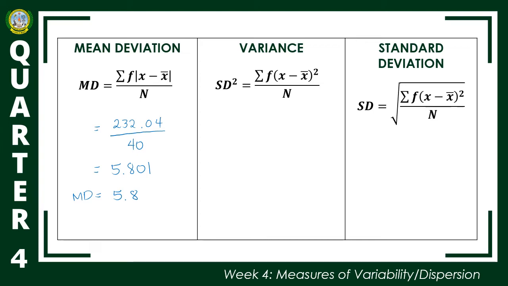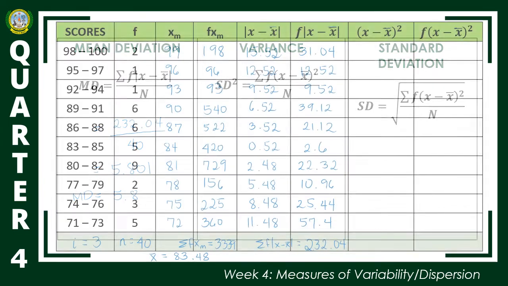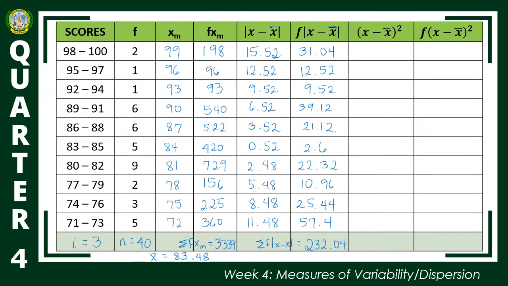Next naman po is yung variance and standard deviation. So, kukumpletuhin na natin yung table. Balik po ulit tayo dun sa table. So, now, we will be completing the last two columns of our frequency distribution table. Ito po yung ating gagamitin to compute for the variance and standard deviation.